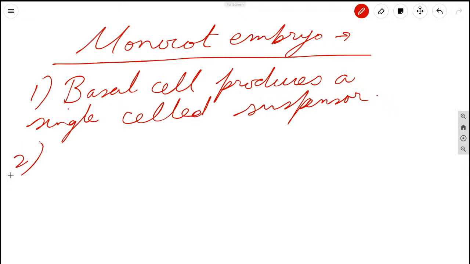Point number two, if you think of what it does, it forms the whole of the embryo. Okay, and also it is transverse in nature. It forms the entire embryo. Okay, the terminal cell produces the embryo except the radicle I was saying there, but the terminal cell here produces the entire embryo.